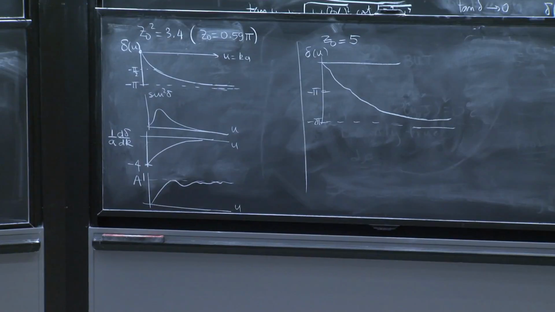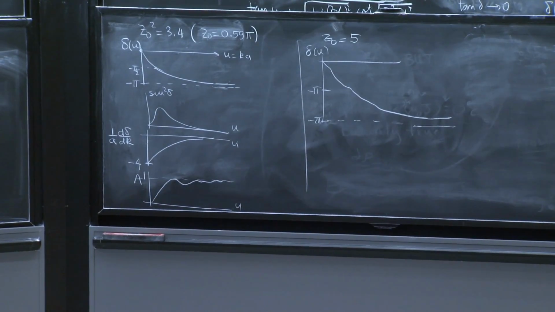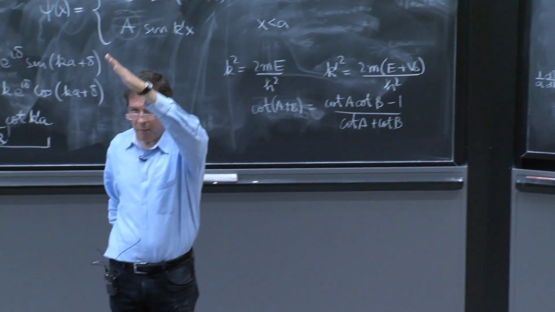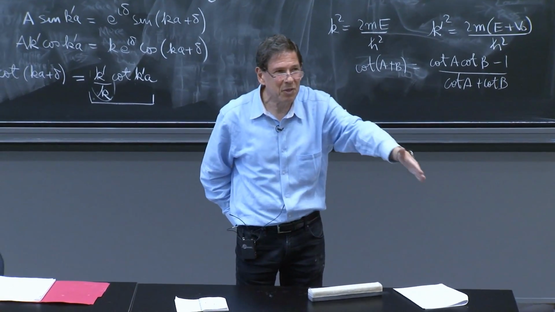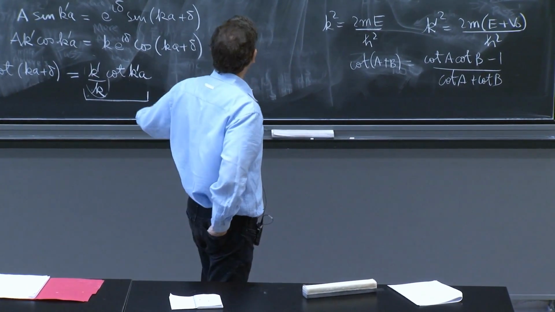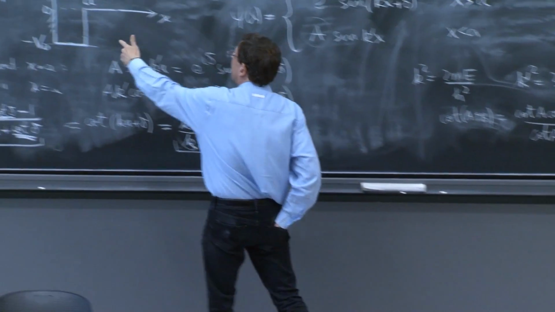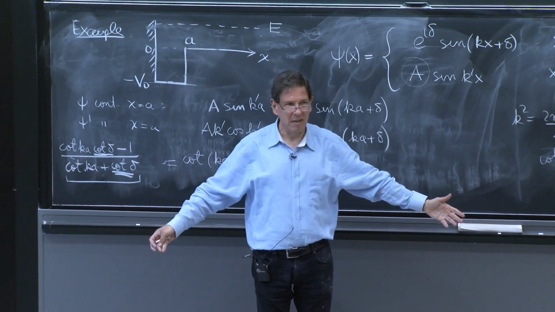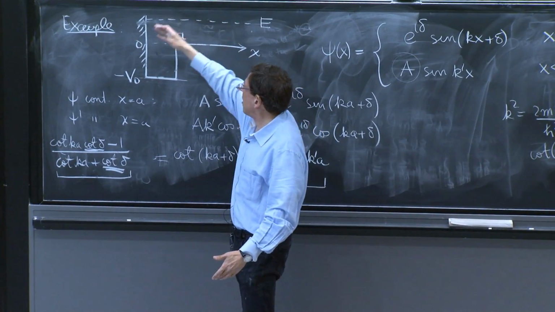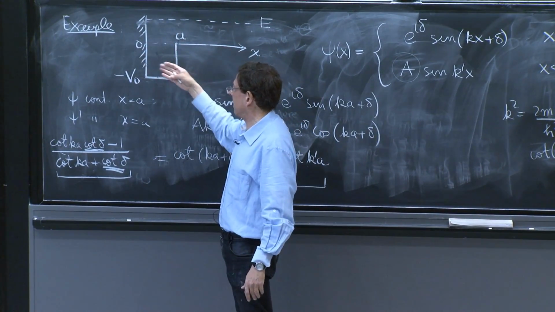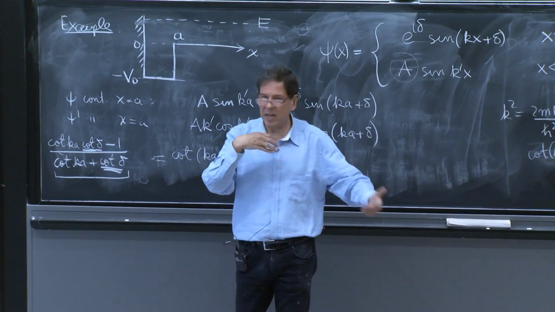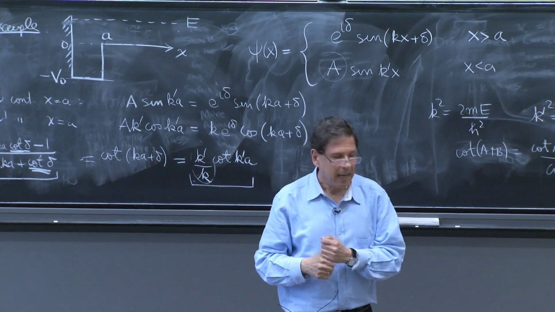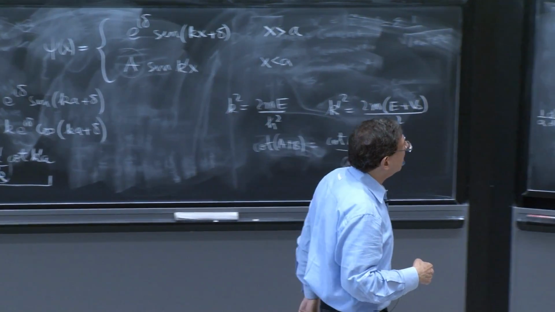So what's really happening is that there is a relation between how much the phase moves and how many bound states this potential has. And you say, why in the world? This calculation had nothing to do with bound states. Why would the phase shift know about the bound states? Well, actually it does. And here is the thing.